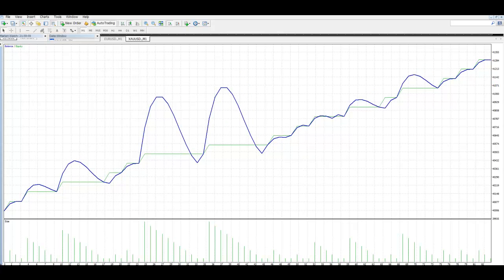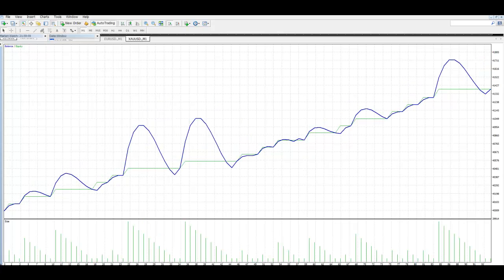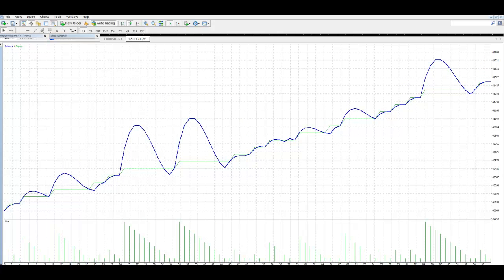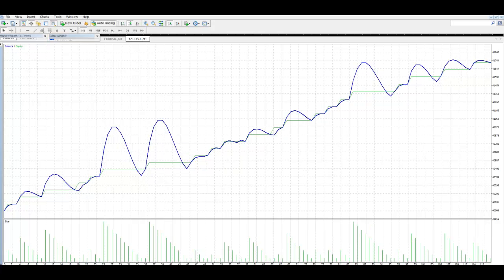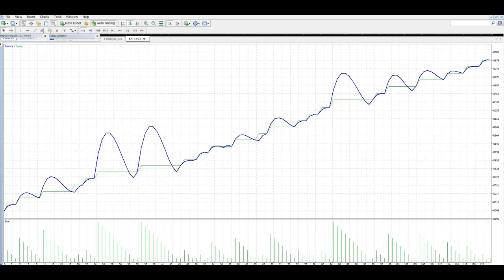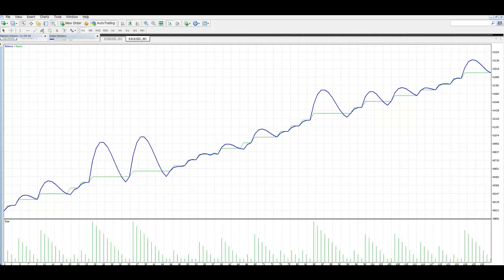This graph in the Forex trading community would probably be considered virtually impossible. Too good to be true. Well, maybe, but this is real. This is absolutely real.